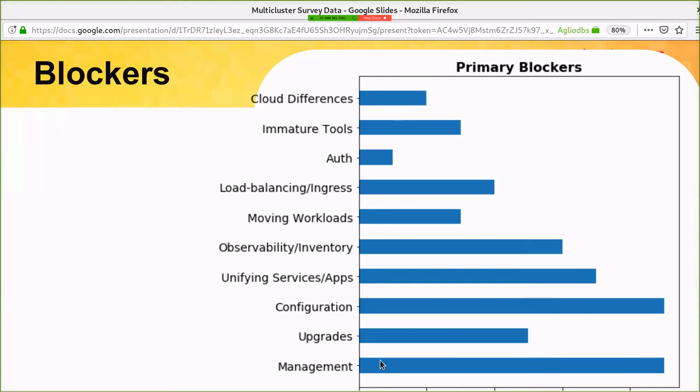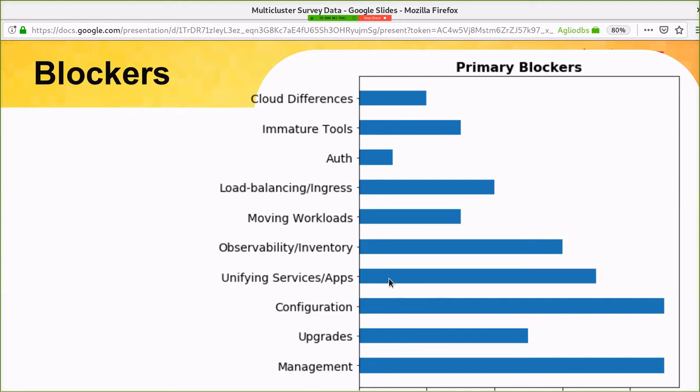So the ability to manage multiple clusters, and also configuration, where people are citing the lack of tools to either configure all of their clusters according to a template or make sure that services on those clusters are all configured according to the same templates. Or the exact opposite, which is they actually need the different clusters to be configured differently, but they need them to still work. So configuration is a major issue for people.